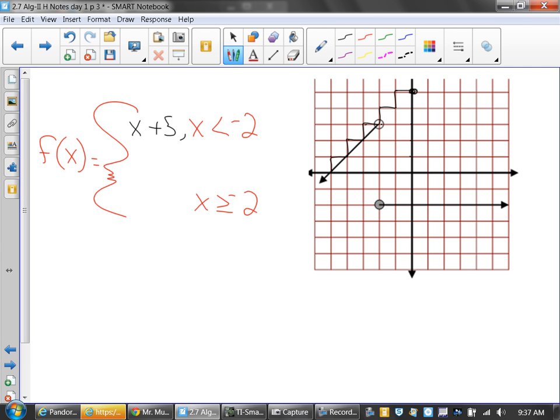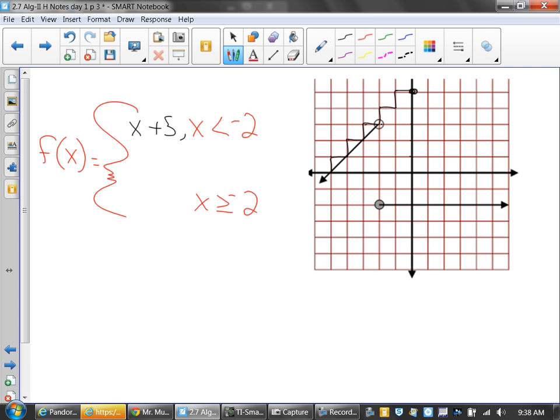And then the other one is a horizontal line. And this is where some of you guys still mix up. Remember, all horizontal lines start the same way. y equals some number.